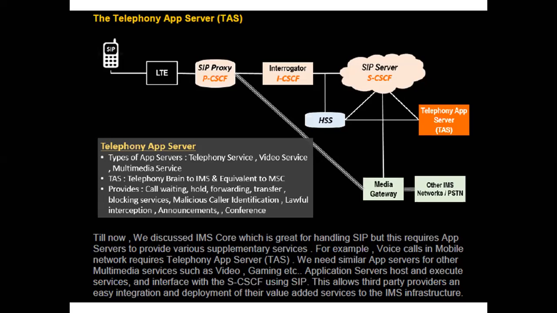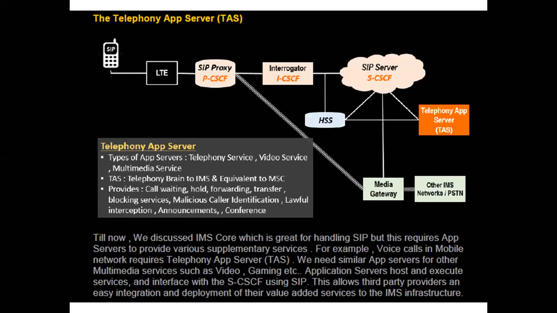TAS is the telephonic brain of the IMS and is equivalent to the MSC. Like if you have heard about PSTN in your course, what MSC is for the PSTN, you learned over there. The main function of TAS is the supplementary services.